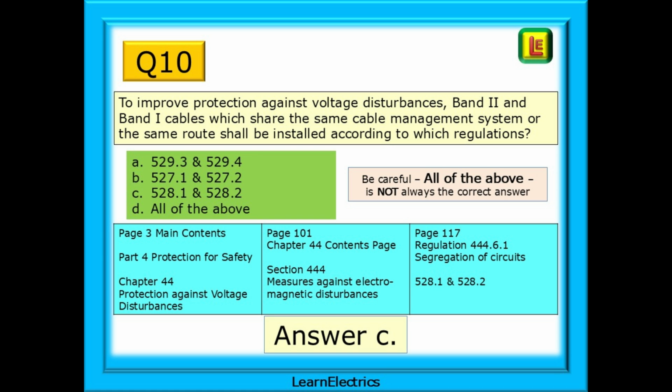Page 3 again, find part 4 and chapter 44, protection against voltage disturbances. This shows that we should go to page 101. On page 101, the chapter 44 contents page, we have a section 444, measures against electromagnetic disturbances.